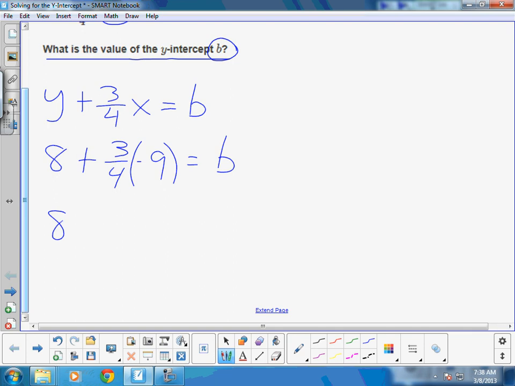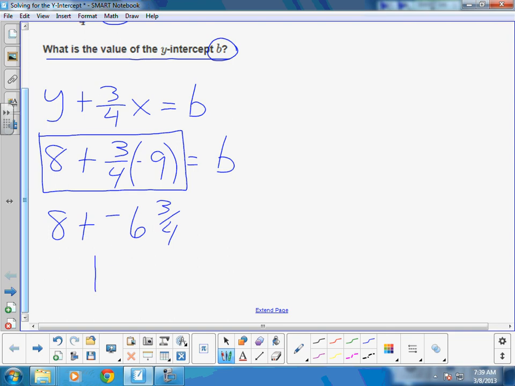So I get 8 plus, well, 3/4 times -9 is negative 6 3/4. You could probably do this whole string on your calculator if you know how to do that. Otherwise, 8 plus a negative 6 3/4 is equal to 1 1/4. So that means b, our y-intercept, is 1 1/4.